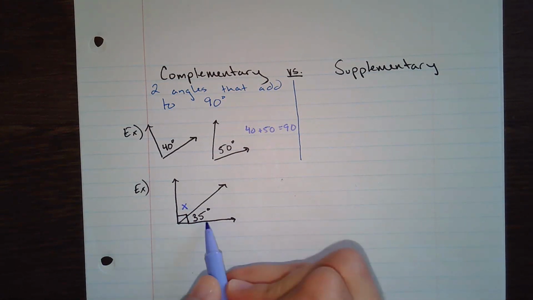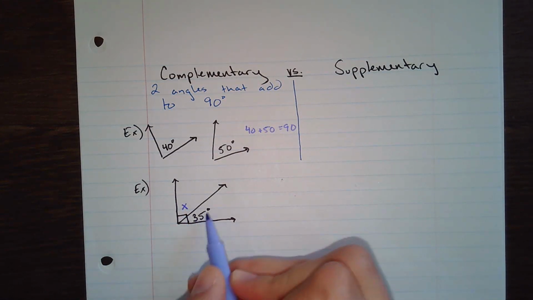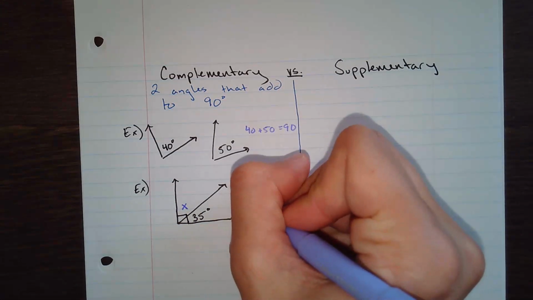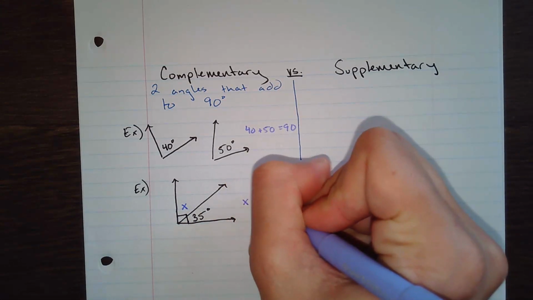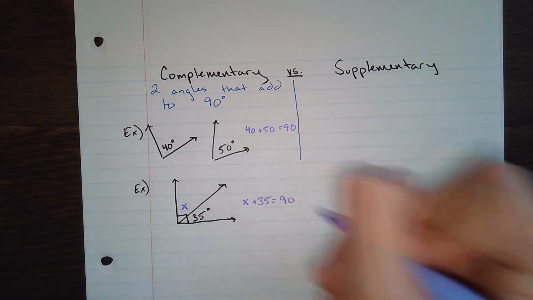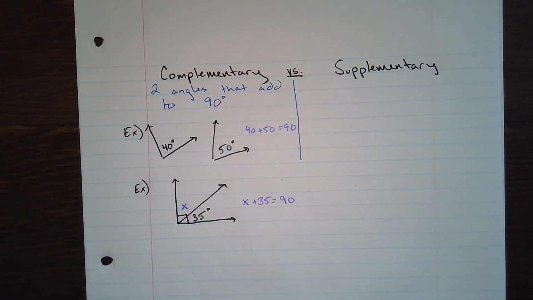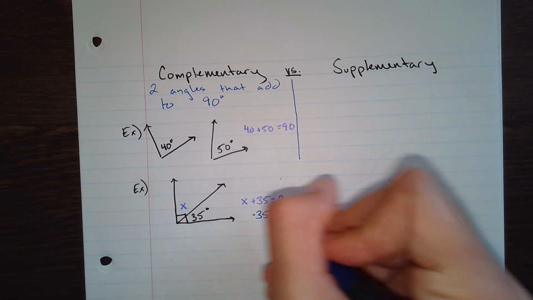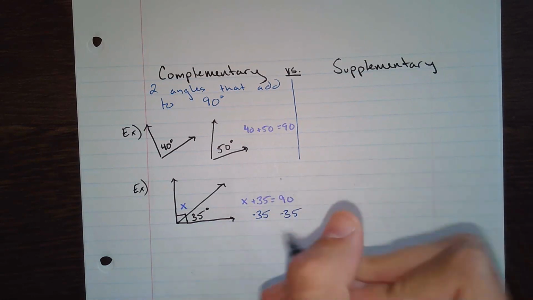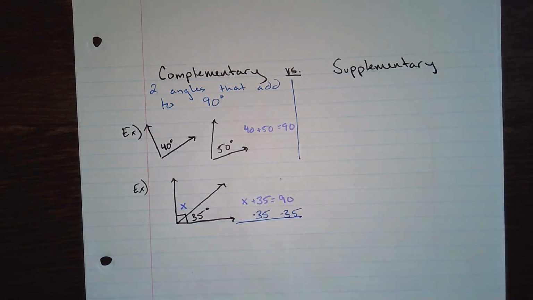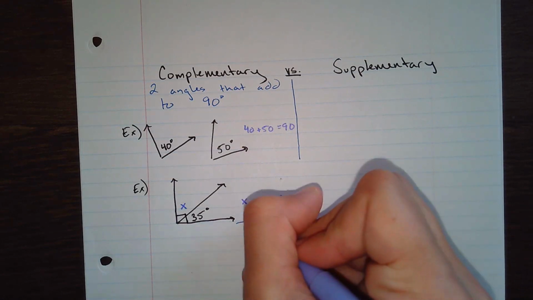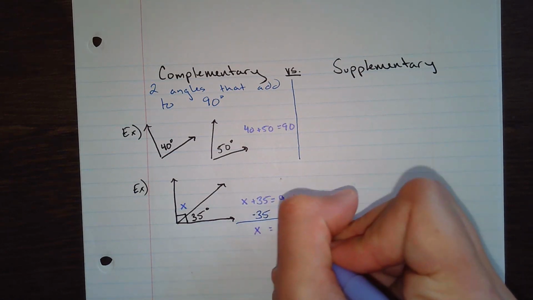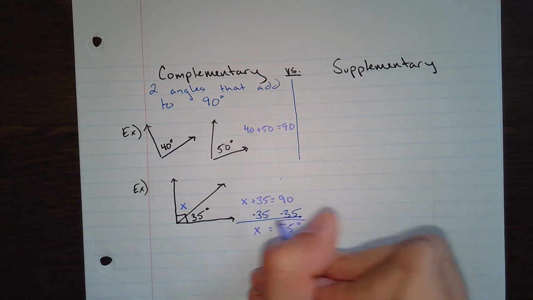Well, this is a 90-degree angle, and we know that this piece is 35, so x plus 35 has to equal 90. And if you think back to our one-step equations, we're going to subtract on each side. And we're left with x equals 55 degrees.